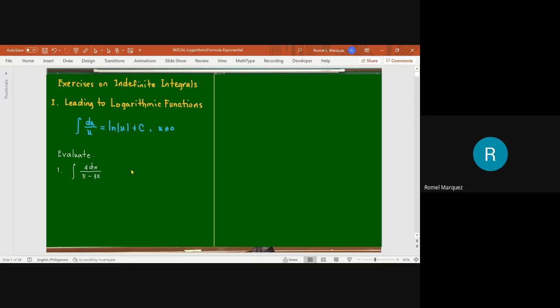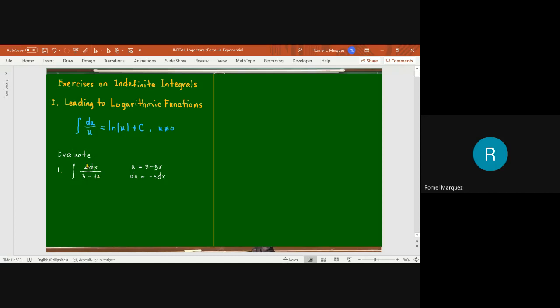So here, let's try taking u equals 5 minus 3x. Its differential is equal to what? Negative 3 dx. If you look at the numerator, it's not the differential of the denominator.